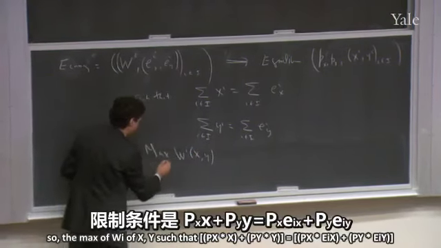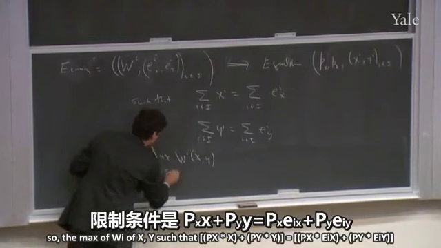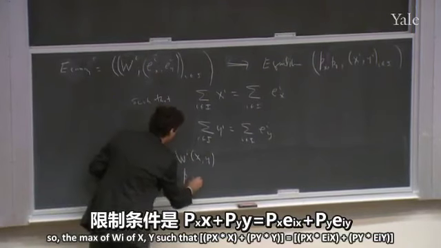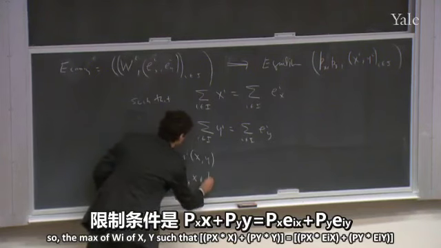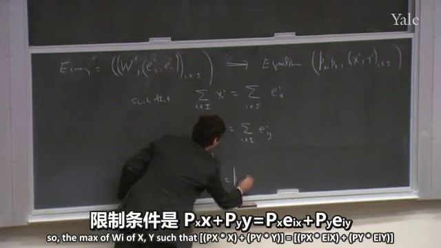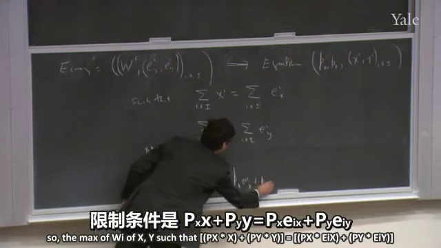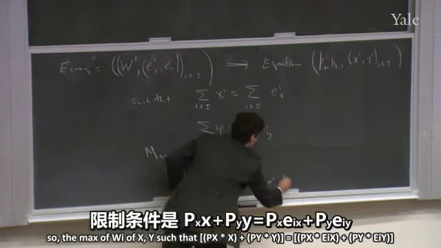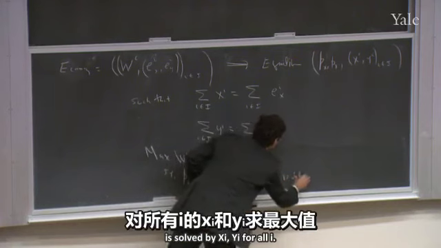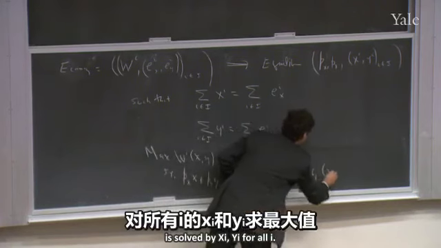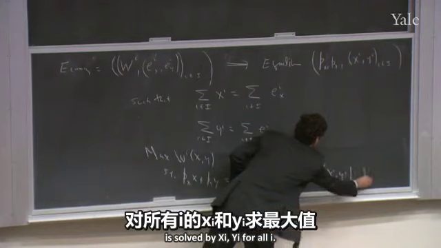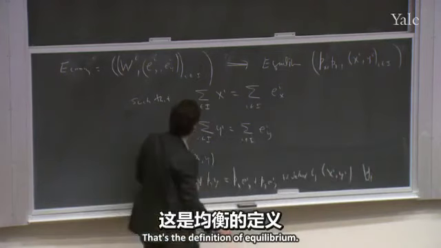So the max of Wi of xi such that Px times X plus Py times Y equals Px times EiX plus Py times EiY is solved by xi, yi for all i. That's the definition of equilibrium.